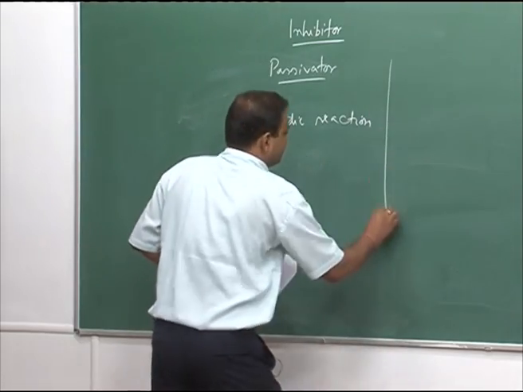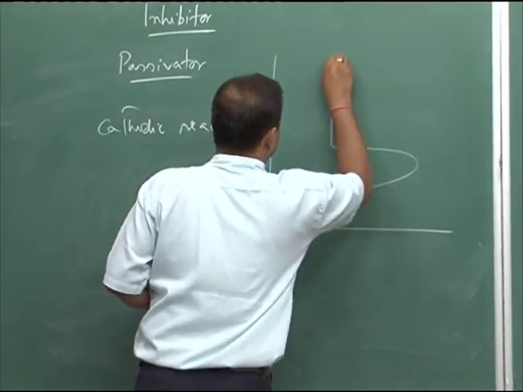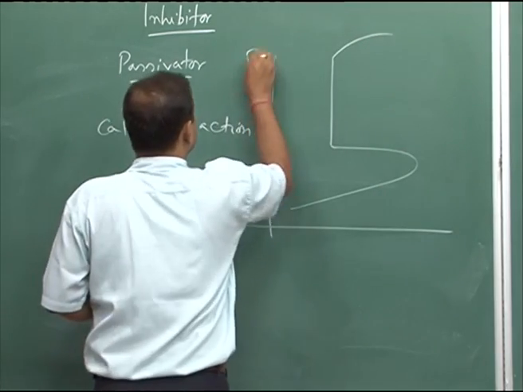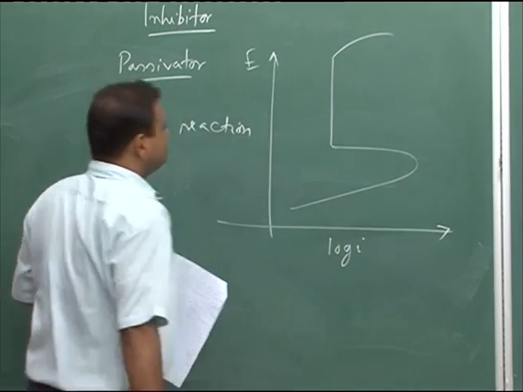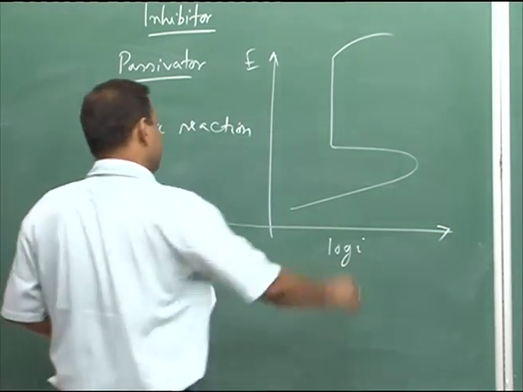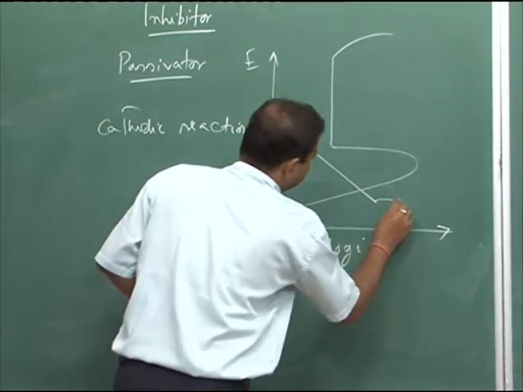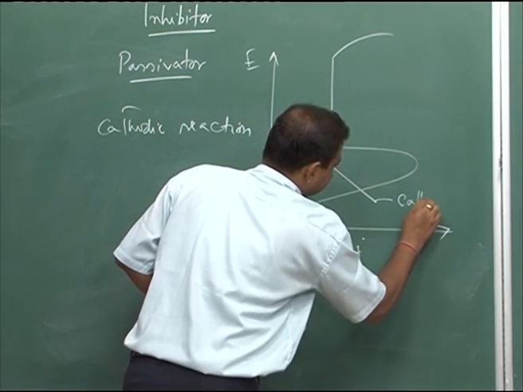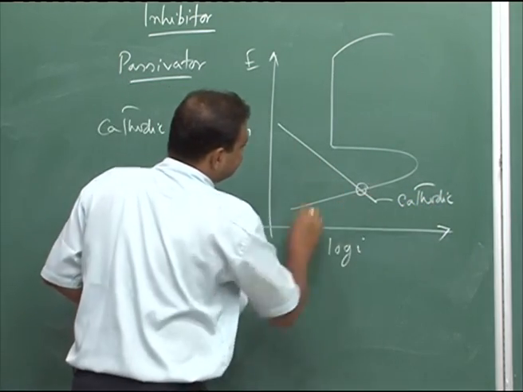For example, in case of a passive metal, this is the potential versus log I curve, basically the passive metal curve. Now, a cathodic reaction is happening like this, and this is initially the corrosion rate.